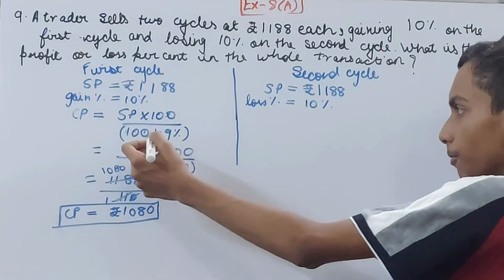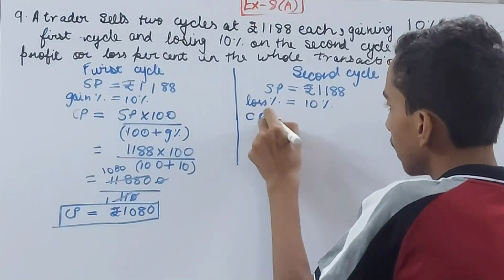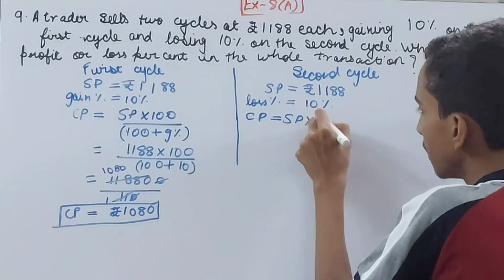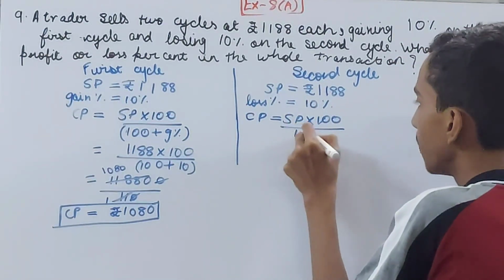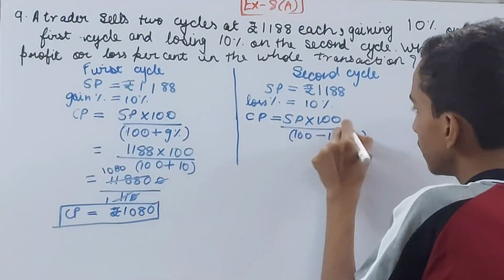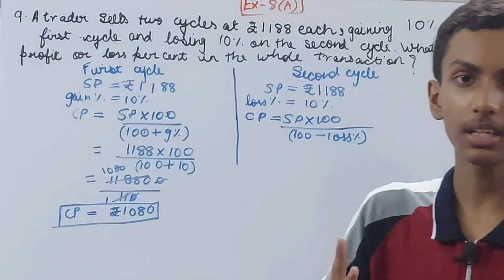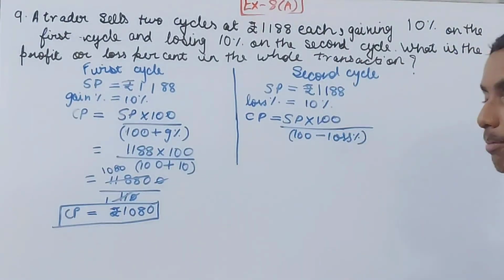Now the same formula but a little different: selling price into 100 upon 100 minus the loss percent. This formula we will use to calculate the cost price of the second cycle, because there is a loss of 10%.